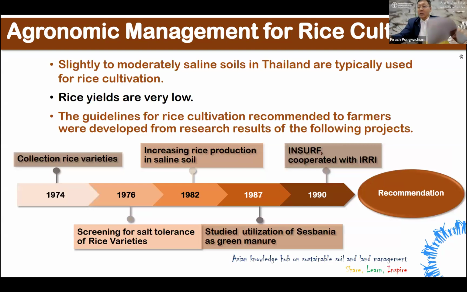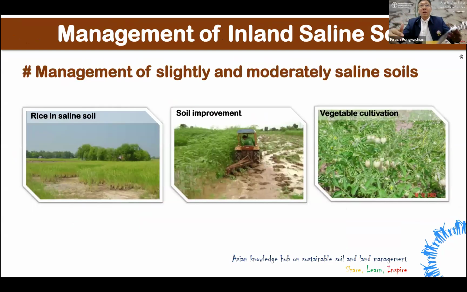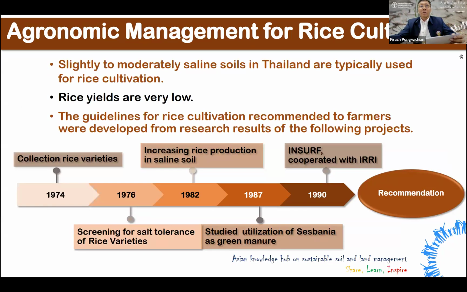For inland saline soil, I will divide it into slightly, moderately, and severely saline, and the potential land area. Slightly to moderately saline soils in Thailand are typically used for rice cultivation, but rice yields are very low, about 1 ton per hectare.